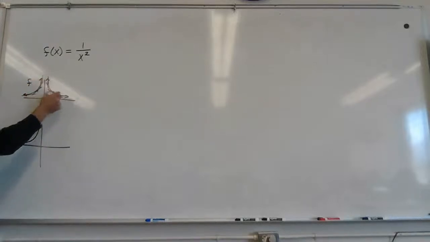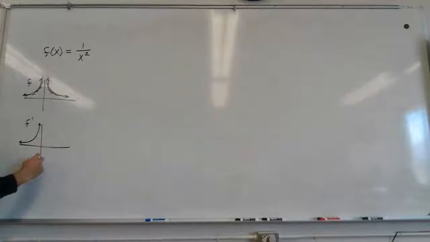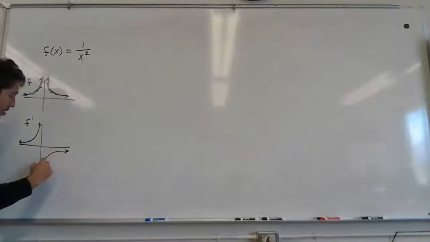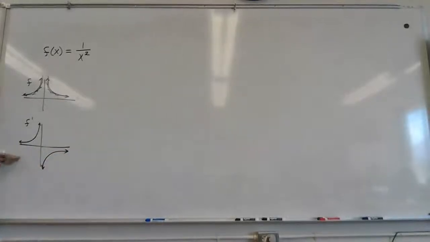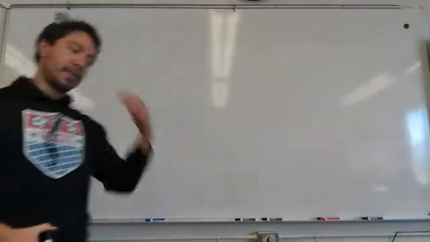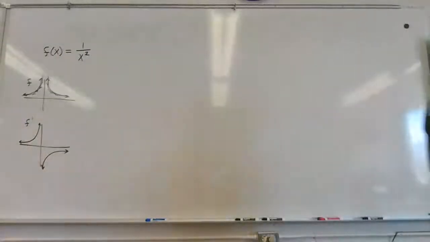Negative, negative numbers approaching 0. So it's something like that, whatever that is. So anyway, take a couple minutes, see if we can get it. We'll go over the answer.